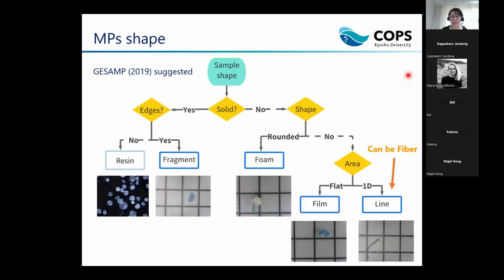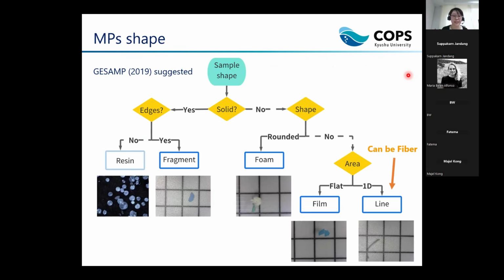In the case of shape, perhaps you already read some papers and found a lot of variation in the categories. But here, we propose to follow the GESAMP 2019 definitions.